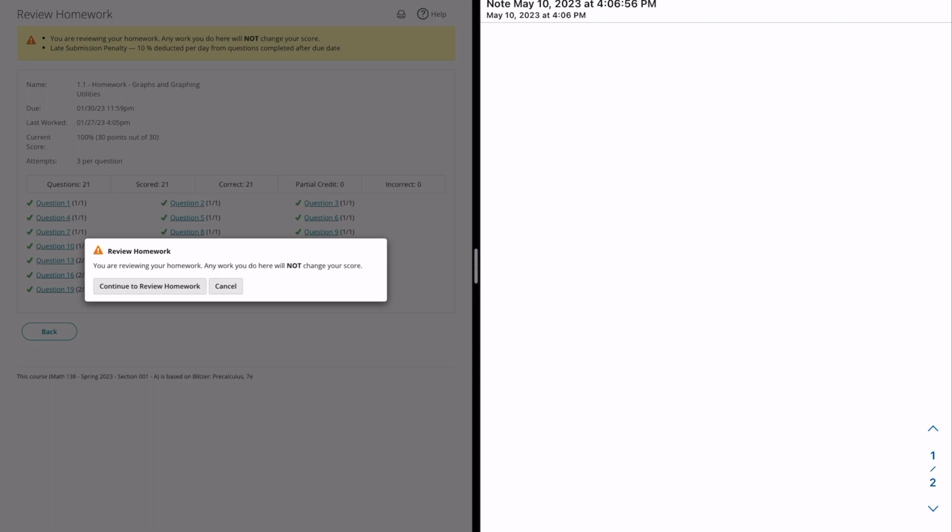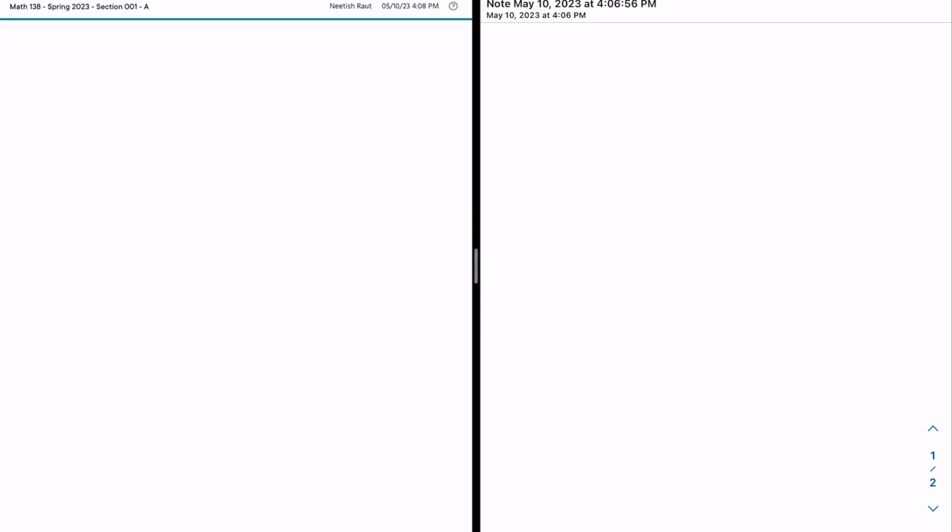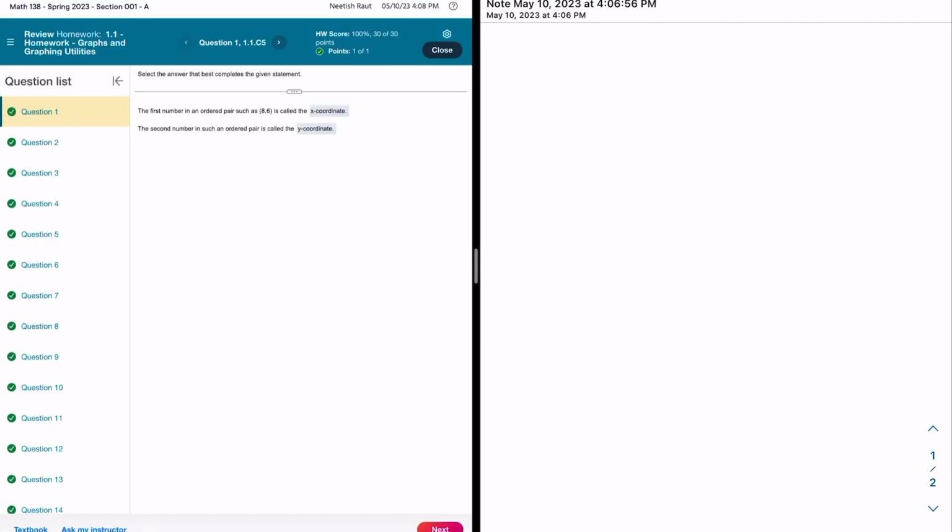In question number one, select the answer that best completes the given statement. The first number in an ordered pair, okay, we already know this, right? In an ordered pair we can write anything, like (1, 2).